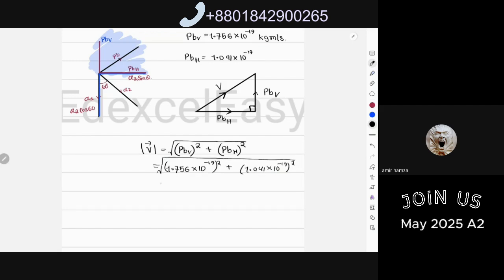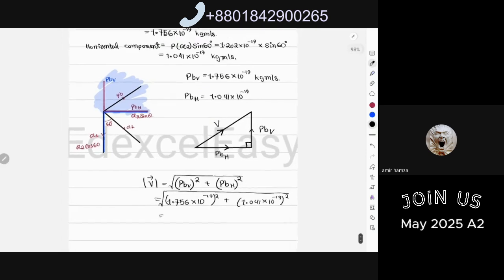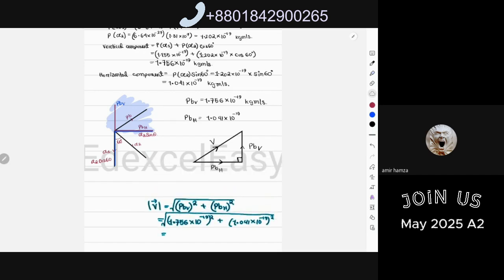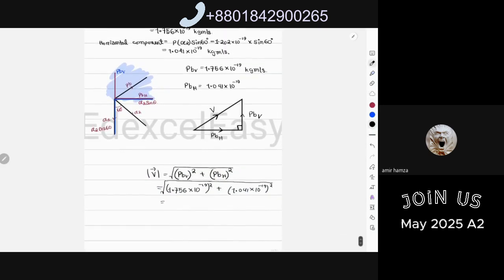Can anyone please calculate this value for me? Okay, then 2.04 into 10 to the power of negative 19 is your final answer.